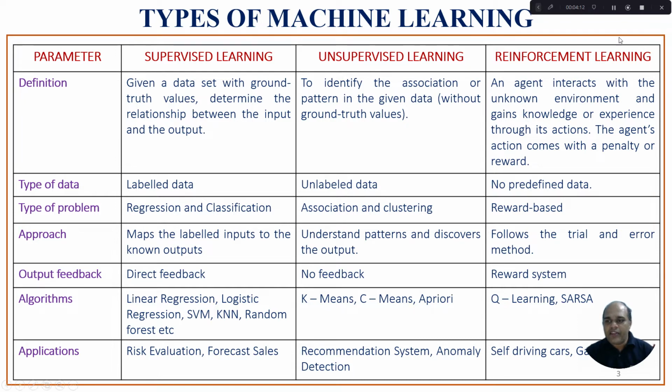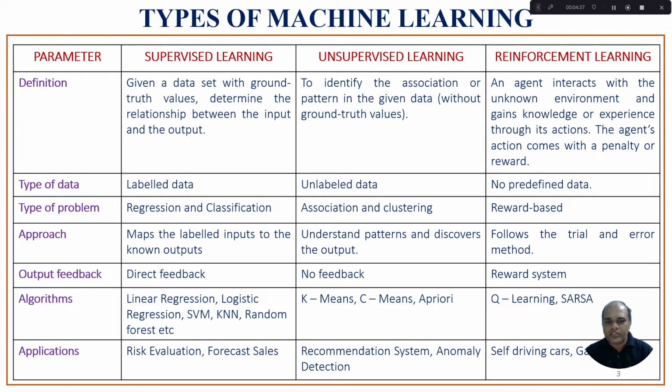Whereas in reinforcement learning, the learning takes place without any initial data. An agent interacts with an unknown environment, and by doing so, it gains knowledge or experience through its actions. By performing an action in an environment, the experience is gained.